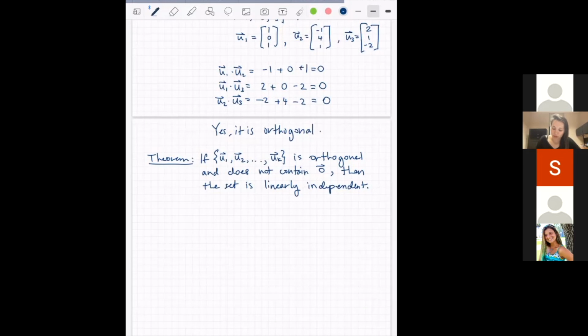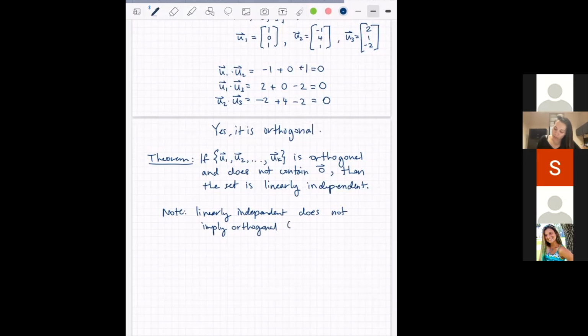Right? So maybe linearly independent does not imply orthogonal.